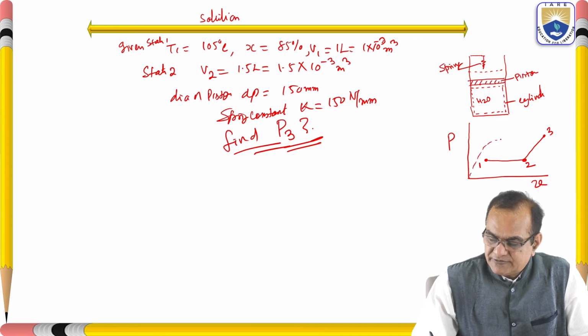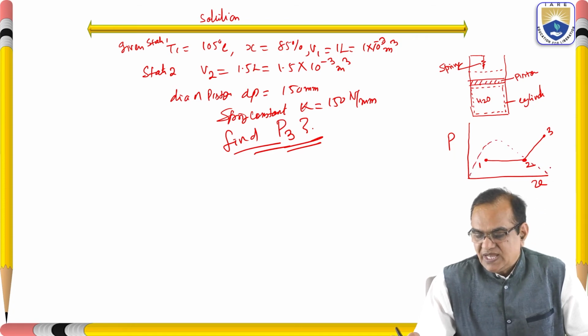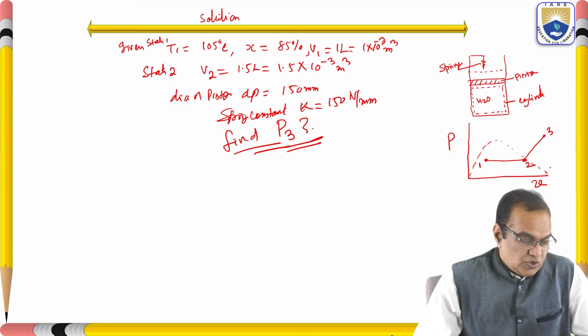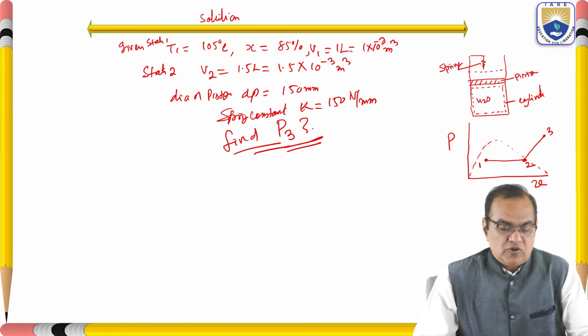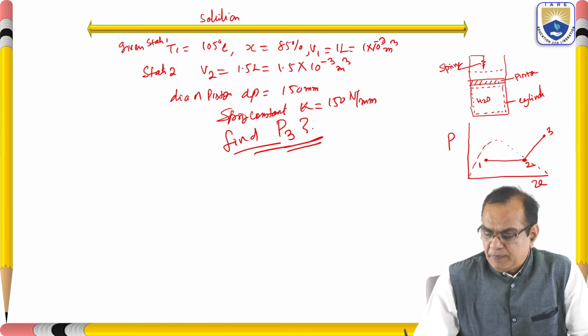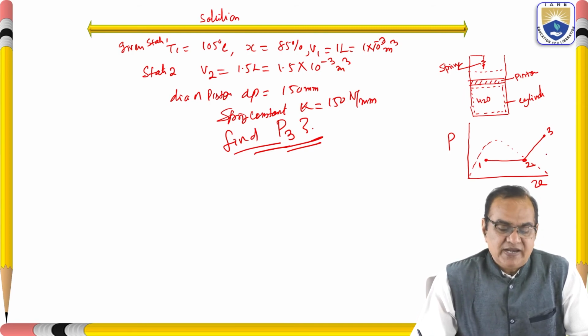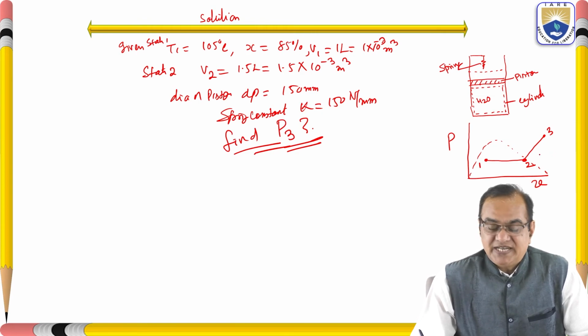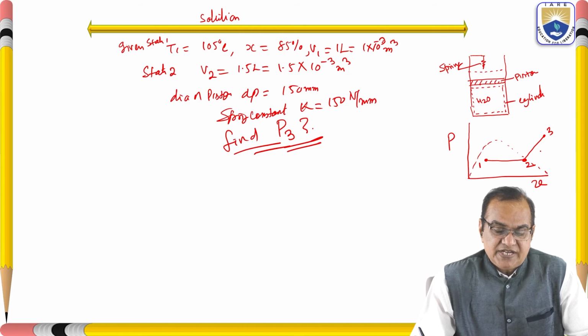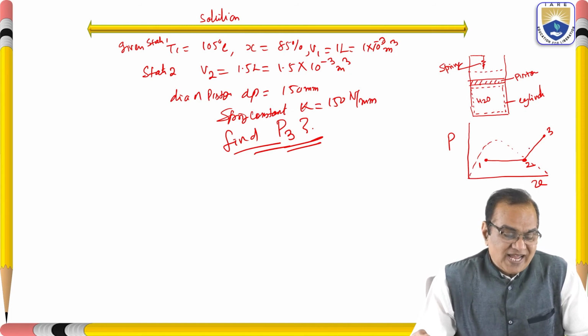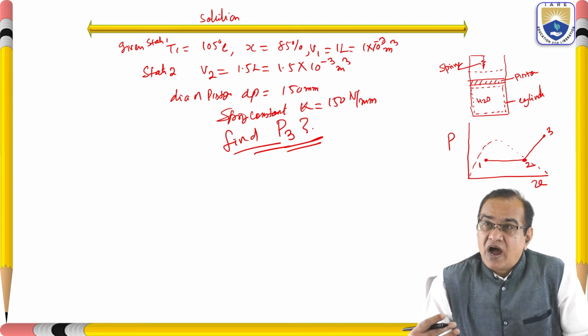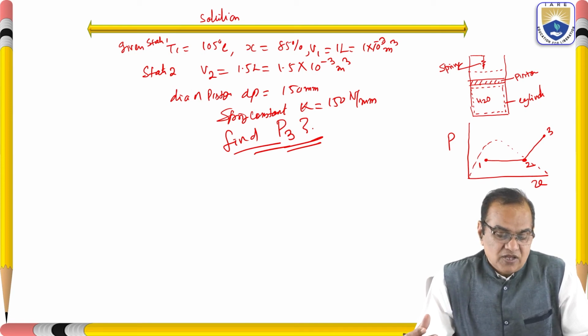So we have to represent this in a PV or TV diagram. It will be better if we represent it in a PV diagram. It gives visualization of what type of process it is and how things are proceeding.